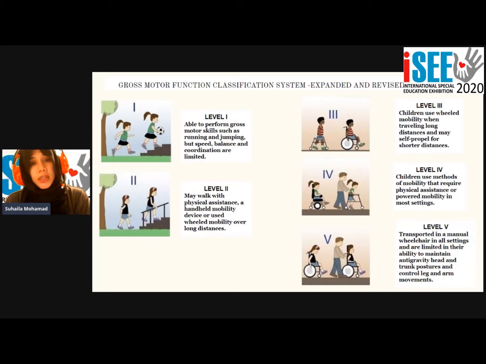GMFCS was first described in 1997 by Palisano et al. GMFCS looks at movements such as sitting, walking, and use of mobility devices.